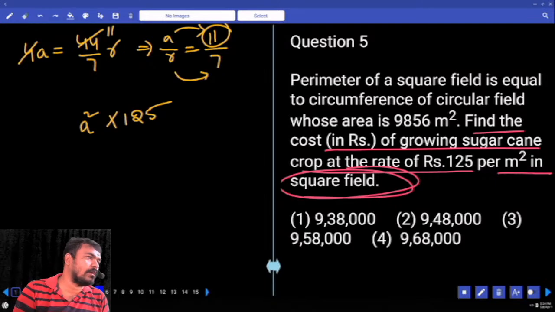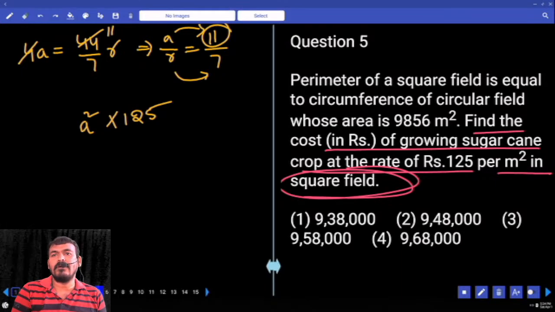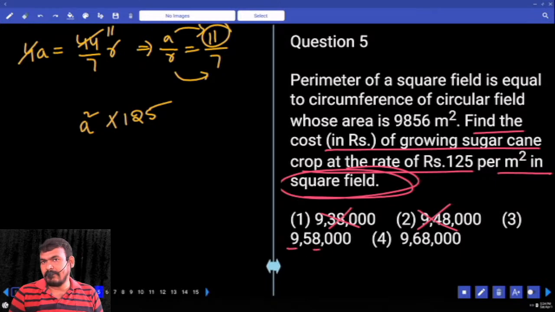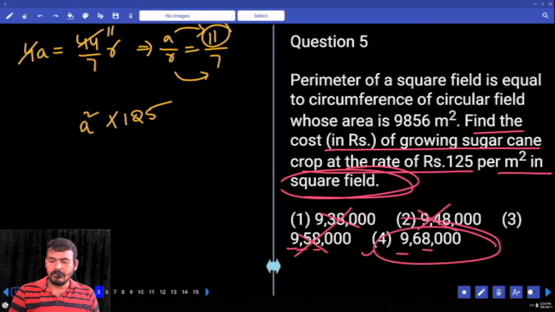Then answer must be 11 parts square, means answer must be a multiple of 11. First option, 11 multiple? No. Second option? No. Third option, 9 and 8 17. 17 and 5 difference 12. No. And fourth option, 9 and 8 17. 17 minus 6, 11. It is 11 multiple. Then answer is the fourth one.